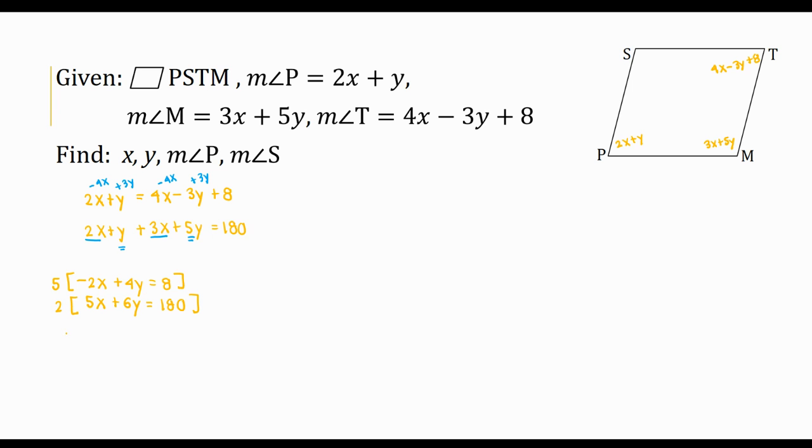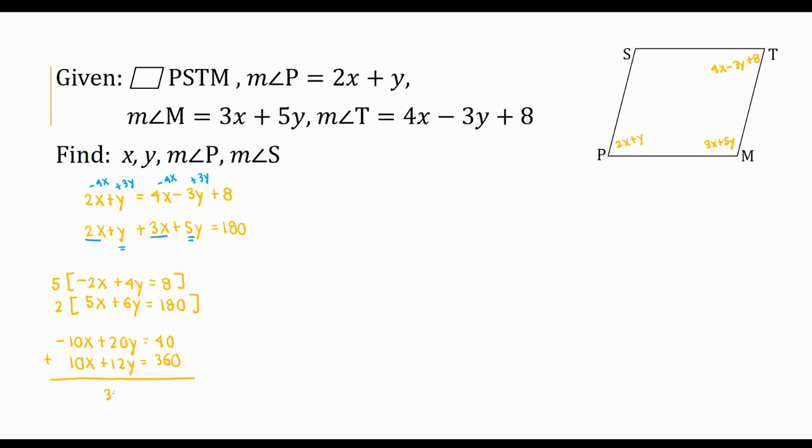So if I distribute the 5 on the top, we'll have negative 10x plus 20y, and that's going to equal 40. In the bottom equation, we're going to have a positive 10x plus 12y, and that's going to equal 360. And now I have opposites where I can add up the x's and have them disappear.